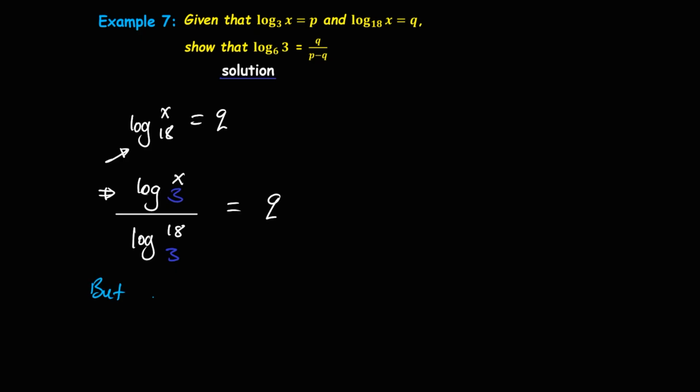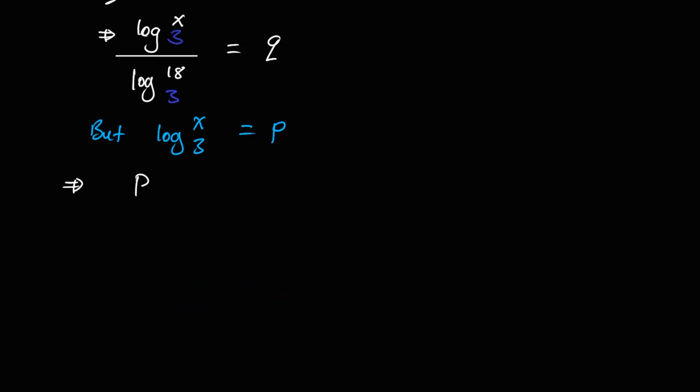But from our problem, log of x base 3 equals p. This implies that p divided by log of 18 base 3 equals q.